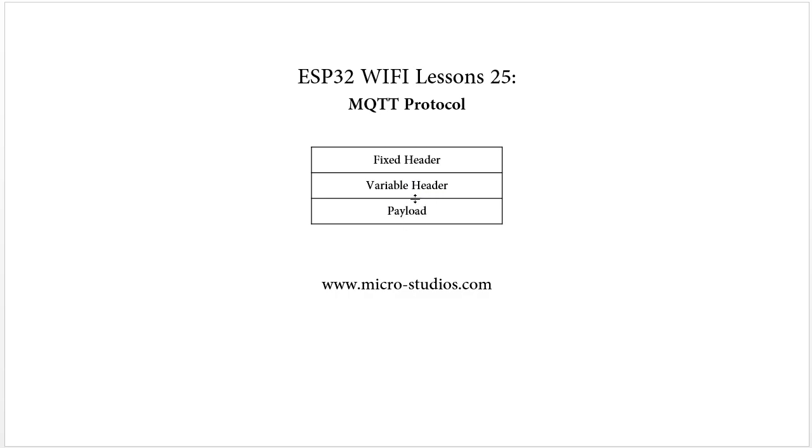For the first part, it decides the package type, and the second part will have the package setting. The package type decides whether the package will have the variable head or not.